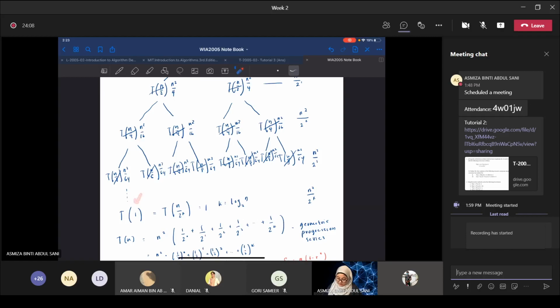So what is this one? It is actually T(n over 2 to the power of k). So the height would be log n base 2. Do you get what I mean?